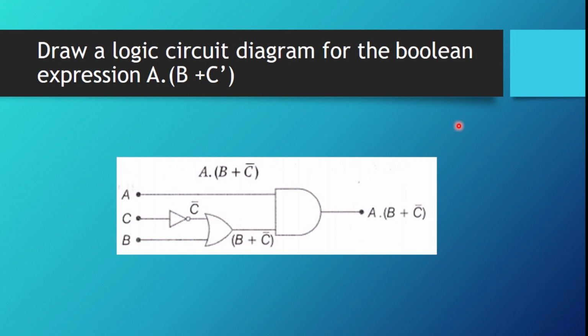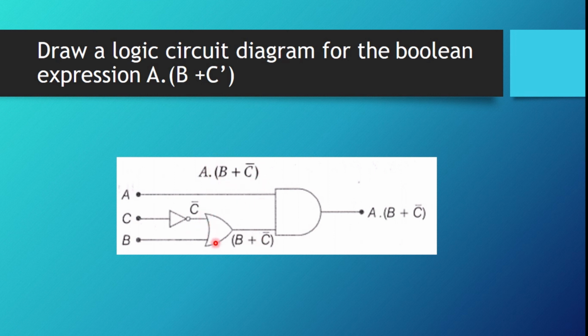Now we have to draw the circuit diagram for the Boolean expression. This is a little tricky, not much but only a little. Whenever we are solving any mathematical expression, we start with the innermost bracket. Here you can see that B plus C complement is in the bracket.